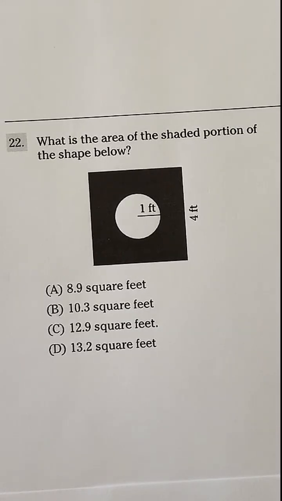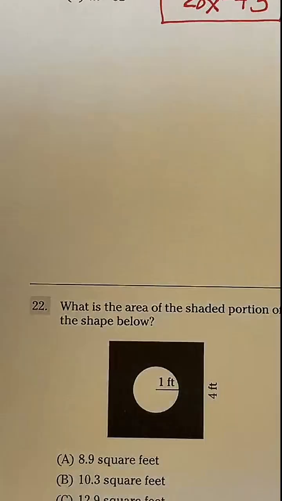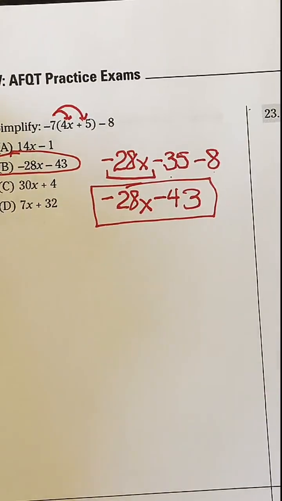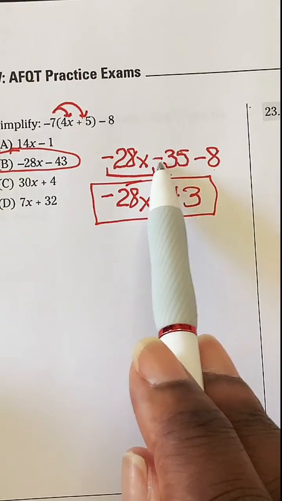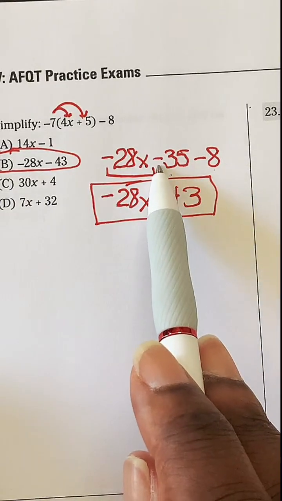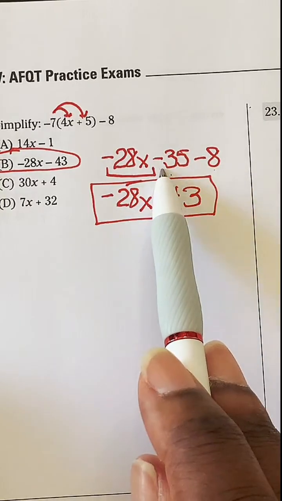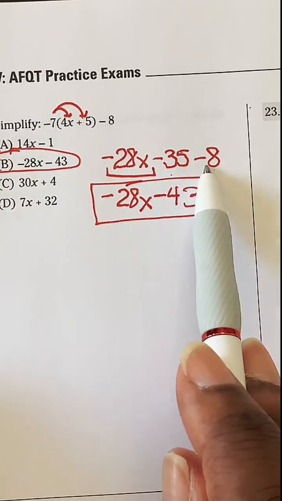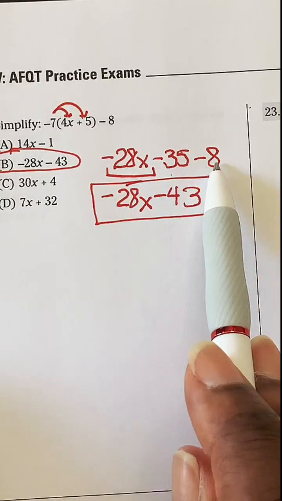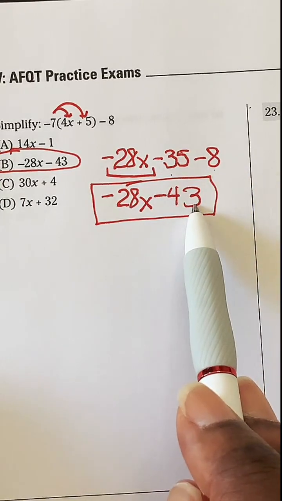How to get 43. This is when you guys have to know your integers. Negative 35 and negative 8. They're both negative, so that means you're going to add them together. 5 plus 8 gives me 13.